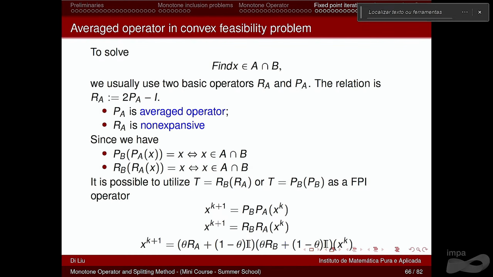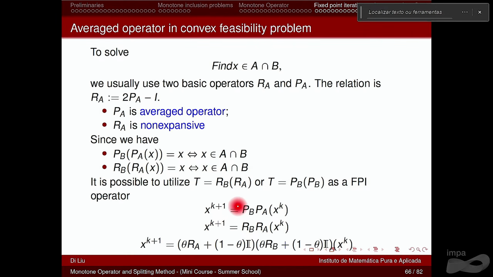First, let's go to analyze these algorithms. This is called the alternating projection method, where from point xk, we first project to point A, and then we project to point B. By the property we discussed before, we know the composition of two averaged operators is still an averaged operator.